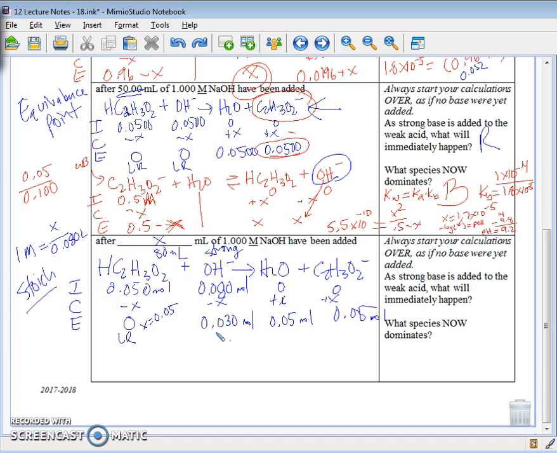React with what? There's no acid left. Acetate is a negative and OH is a negative. Lower the pH. Raise the pH. The only thing that's going to contribute to the pH is actually the OH minus.